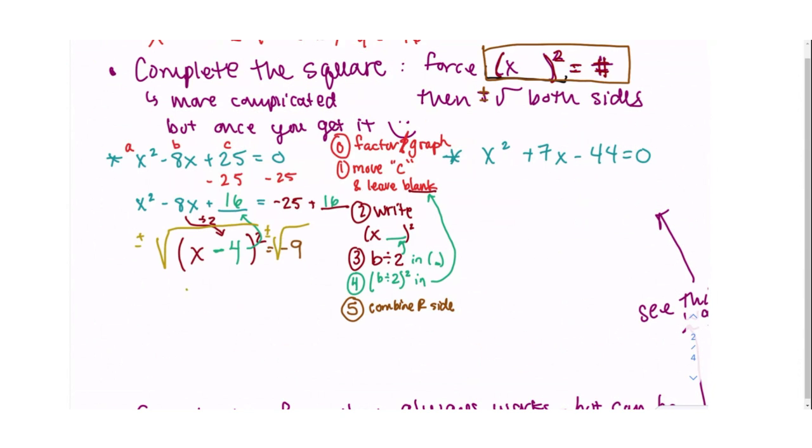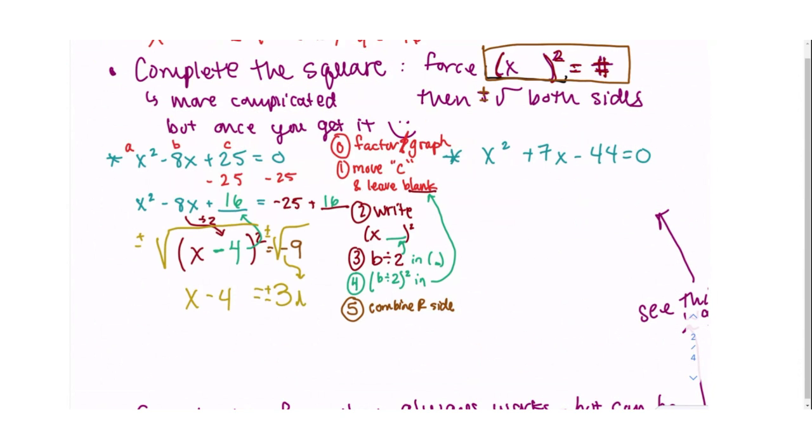So then we'd have x subtract 4 equals, and then what is, you guys remember what the square root of 9 is? Nice job, Vinny. 3. And then we don't forget the positive or negative in front. And then what happens with the negative? There's a negative inside the square root.